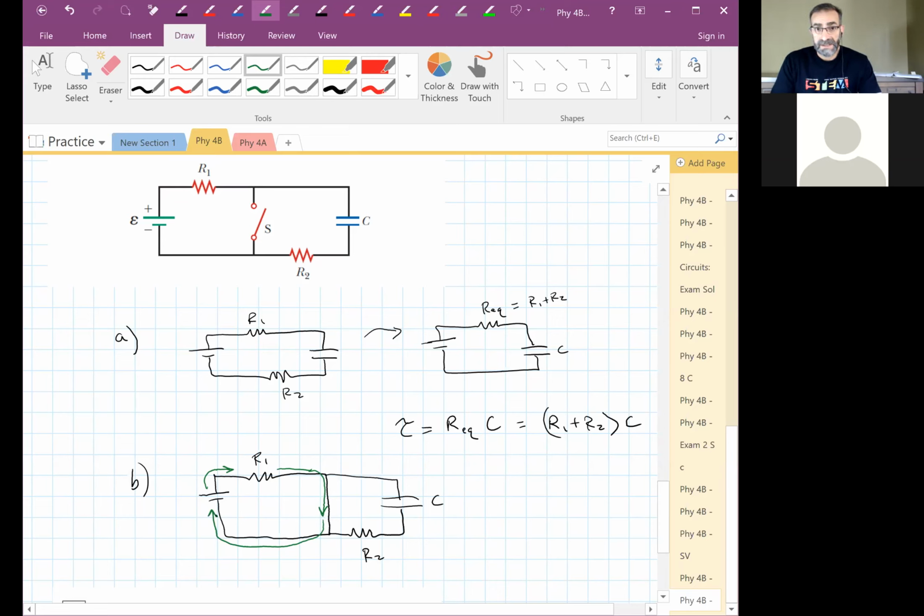It's not going to affect the capacitor at all. And the capacitor is trying to flow a current. Where's it going to go? It's going to go this way. We could just separate the two of them.